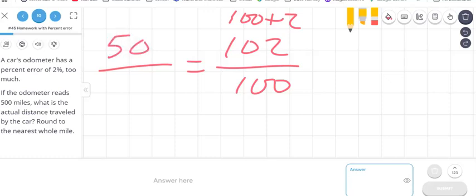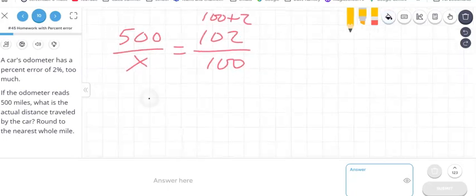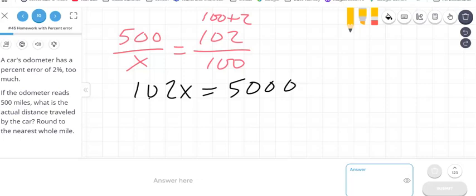I'll put 500 here. I'm going to look for the actual. So that gives me 102x equals 50000. Divide by 102.